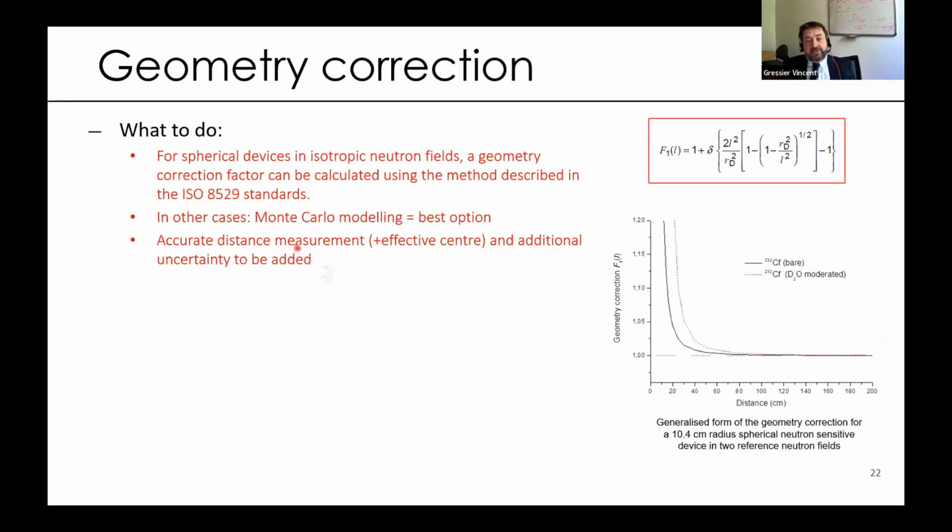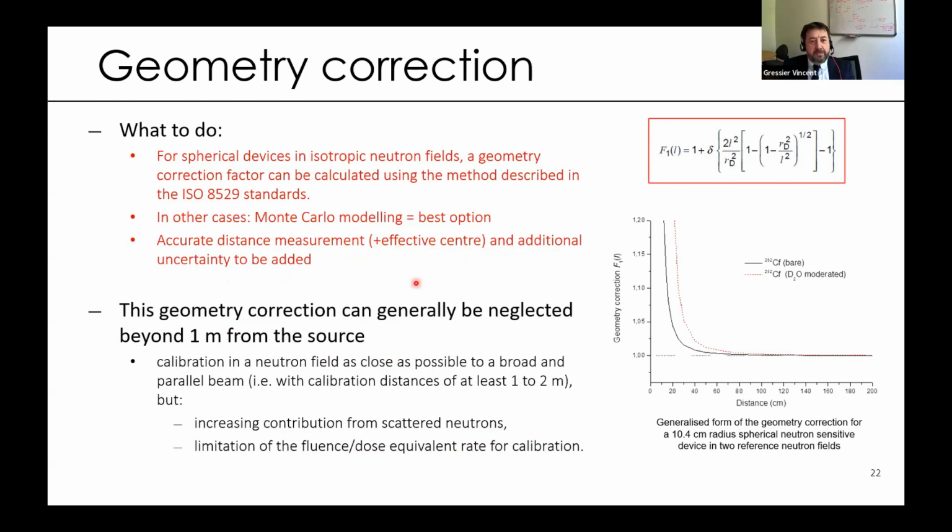In other cases, so not spherical devices or not an isotropic neutron field, the best solution is Monte Carlo modeling. Anyway, you will need an accurate distance measurement. You will need a perfect knowledge of the effective center that we have seen just before, and you will have to add an additional uncertainty for that.